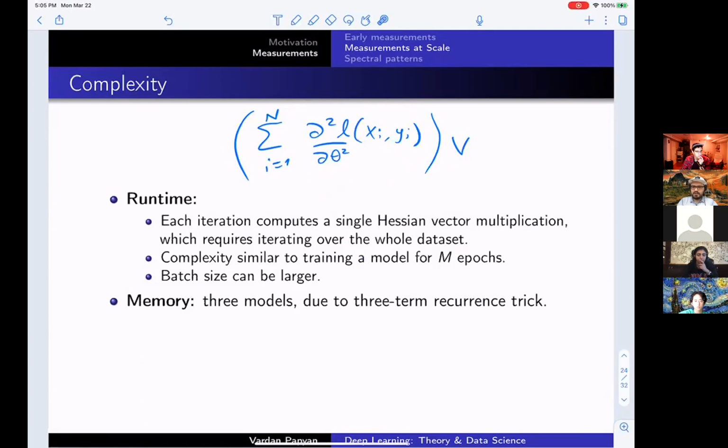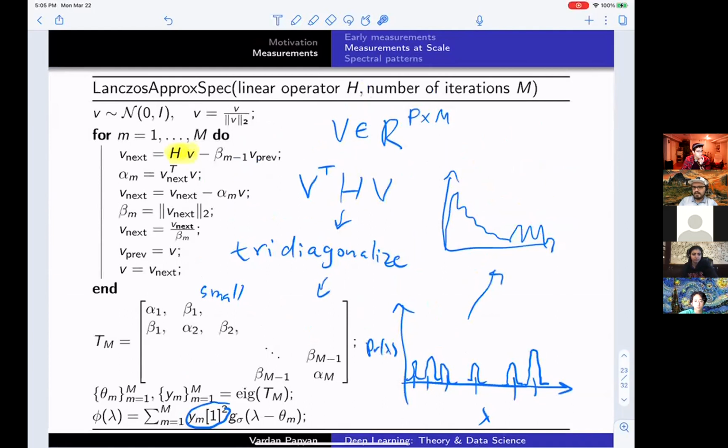And the memory complexity of the algorithm is actually equivalent to just storing 3 models. So why is that? Notice that the steps of this algorithm require you to save vectors called vnext, vprev, and v. So there are 3 variables you need to store.